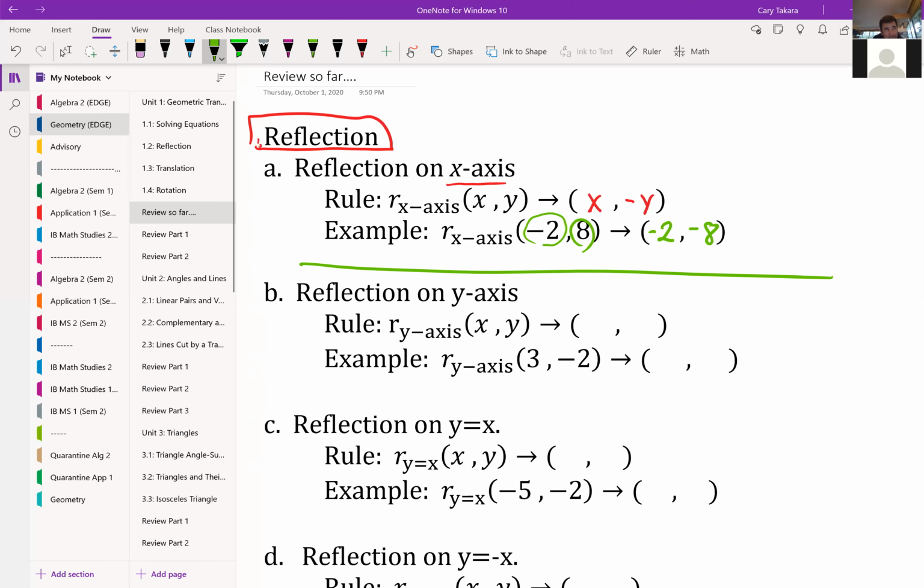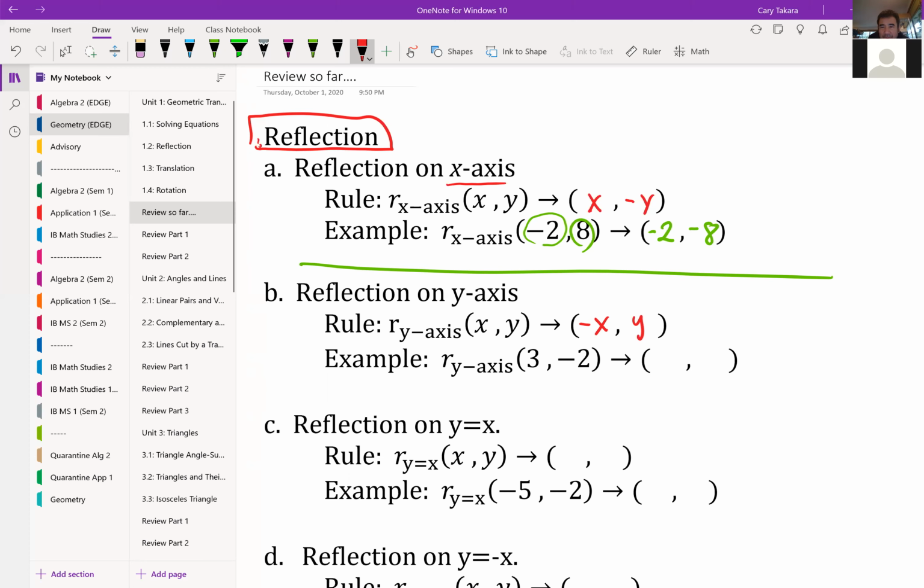So that's what we're doing right now. So reflection on the y-axis. I don't know if anybody wants to go through your notes and find it. What does it say? X and y becomes what? Negative x and y. Thank you. It will be negative x and y stays just y.